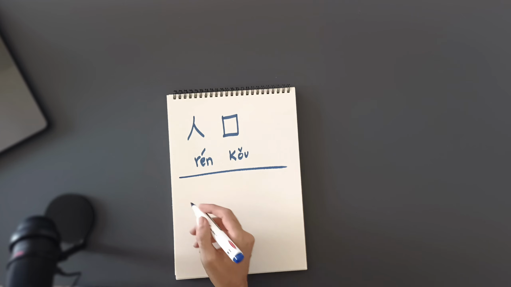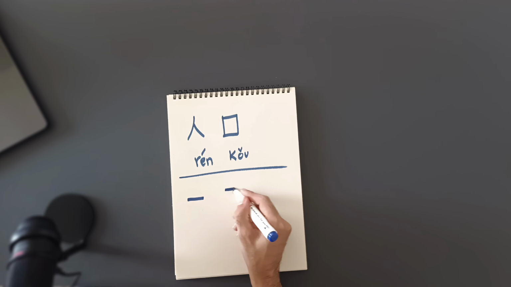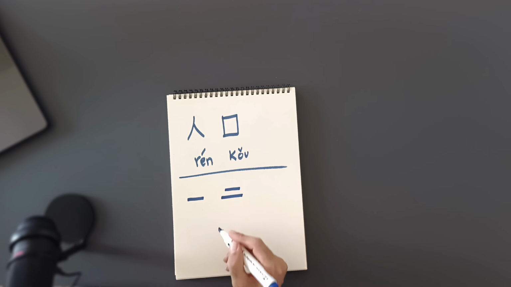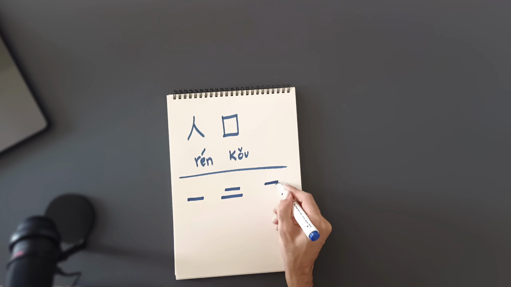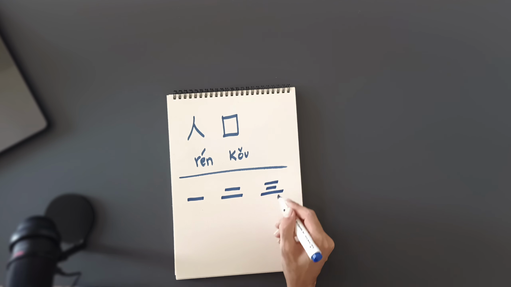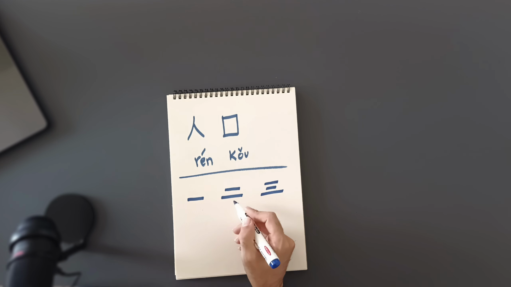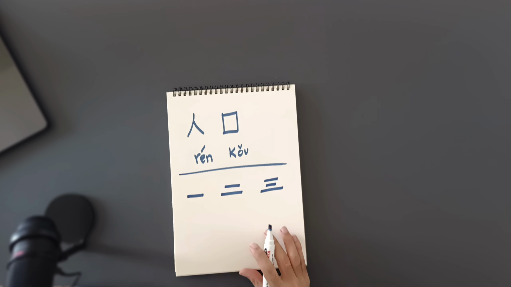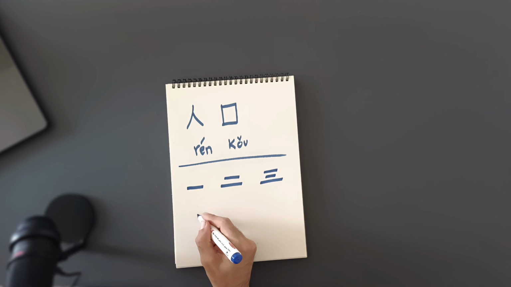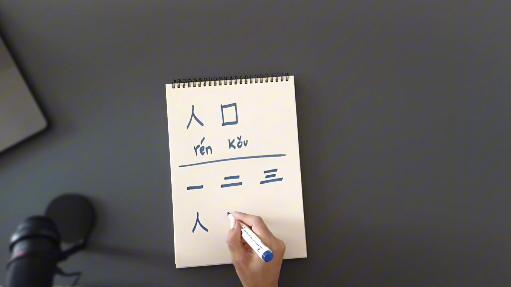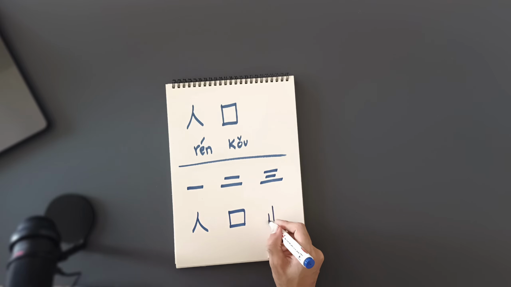Very well. So in the first lesson, we learned 一, 二, sān, 1, 2, 3. And in this lesson, we learned rén, kǒu, and shān.